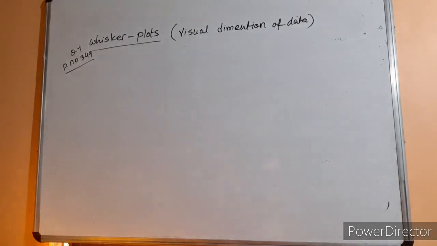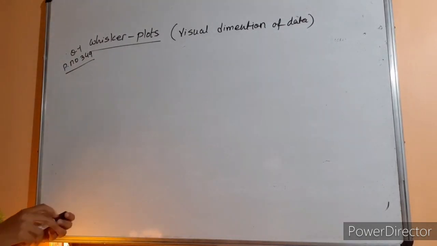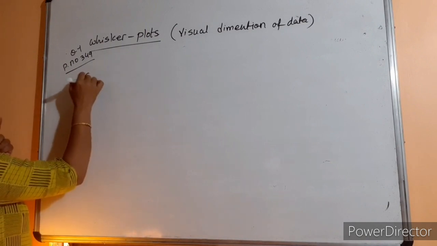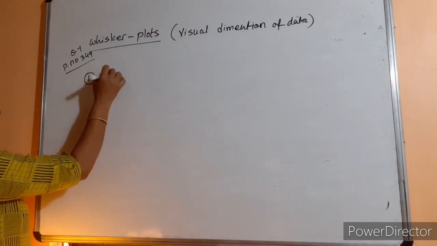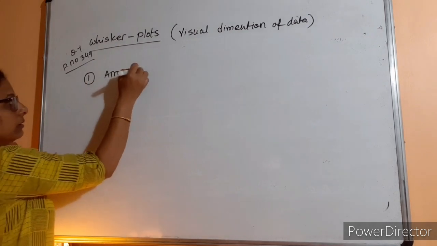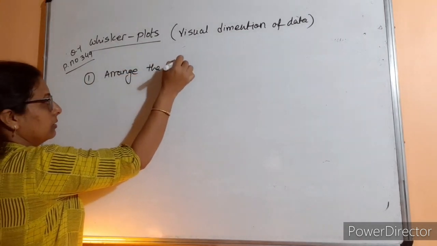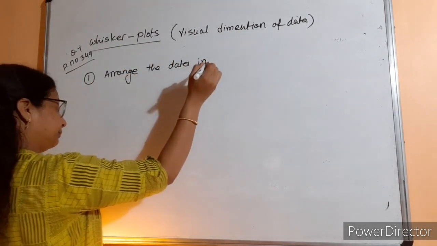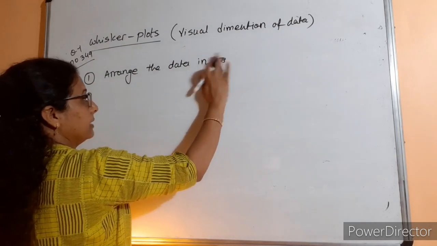You should know all the things that we write point-wise so you can remember it easily. So the first is: arrange the data in increasing order.